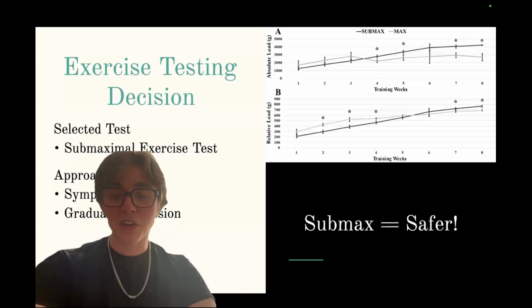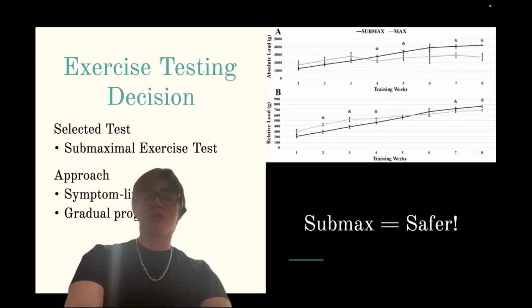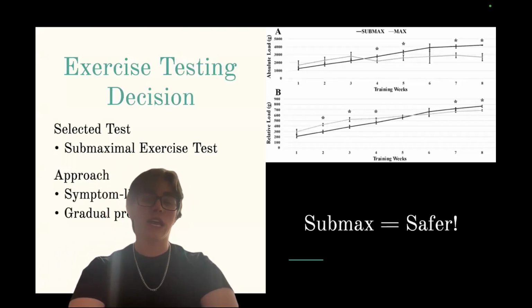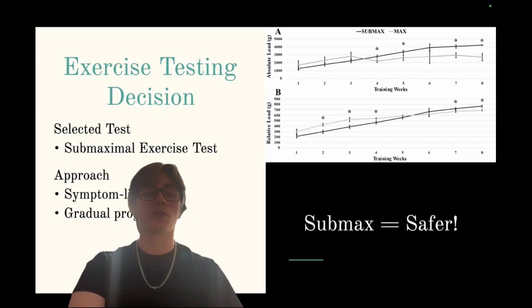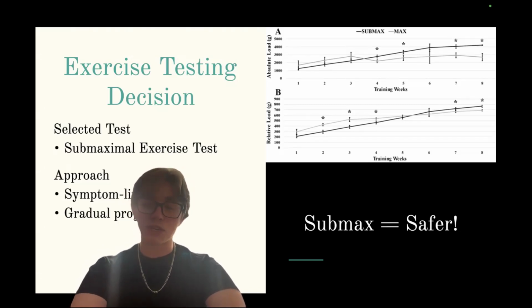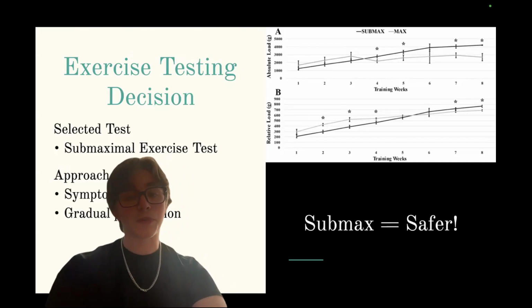Based on all of that, the best option for this patient would be a submaximal exercise test. A maximal test would likely place too much stress on his cardiovascular system right now, especially with his recent cardiac history and current limitations. A submaximal test allows us to get useful information about his fitness level and about how his body responds to exercise without pushing him to his limit.